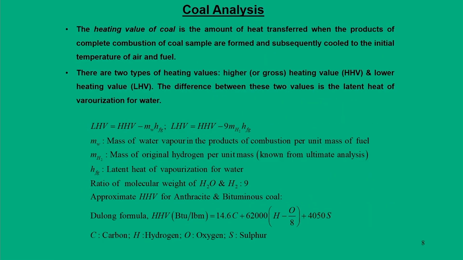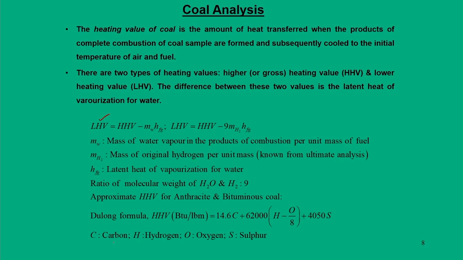Just to be more precise, from the calculation point of view, the lower heating value is the higher heating value minus the latent heat of vaporization for water, that is, the mass of the water vapor in the products of combustion per unit mass of the fuel. HFG is the latent heat of vaporization for water.